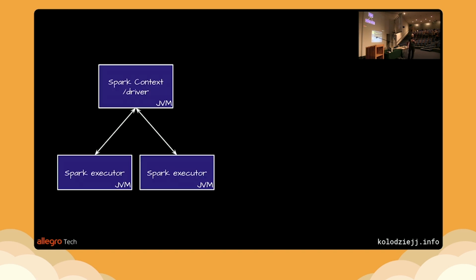Well, almost, but yeah. What typically happens in Apache Spark? Well, if we are coding only in Scala, in general, the flow looks like this. We have Spark context. Well, the Spark session contains a Spark context. And this whole JVM process is called a Spark driver.